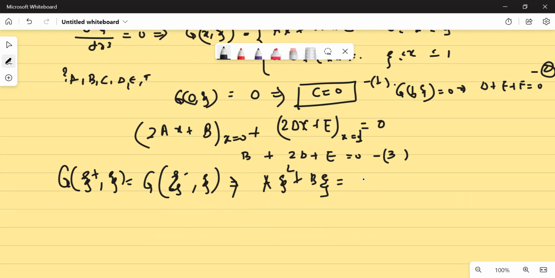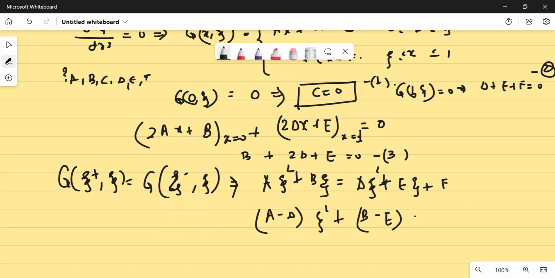And this should be equal to d zeta square plus e zeta plus f. So eventually I will get a minus d zeta square minus e zeta minus f, given that my c is 0. Is that clear? And the last condition that we can use is the derivative being discontinuous at zeta.